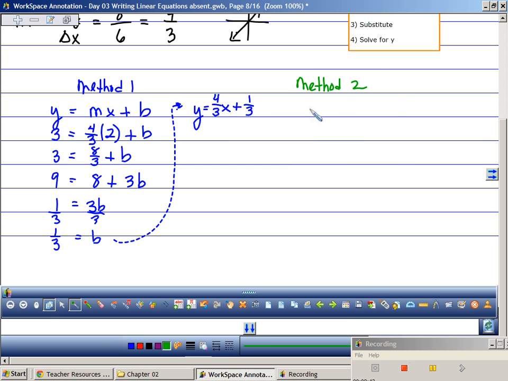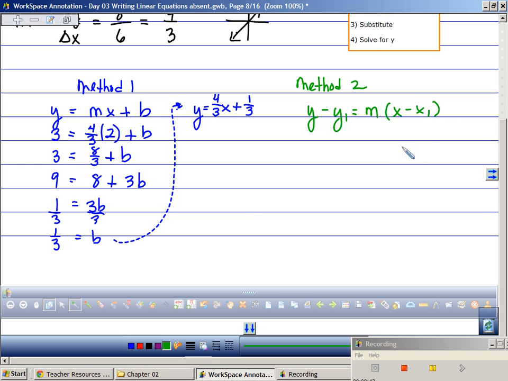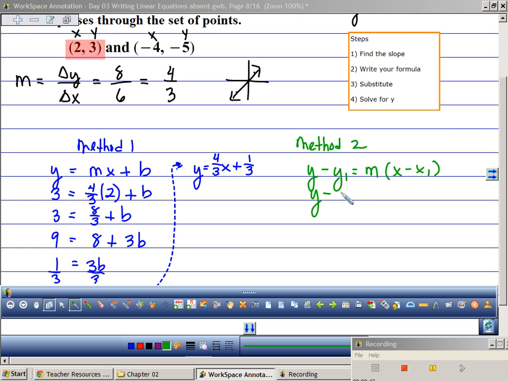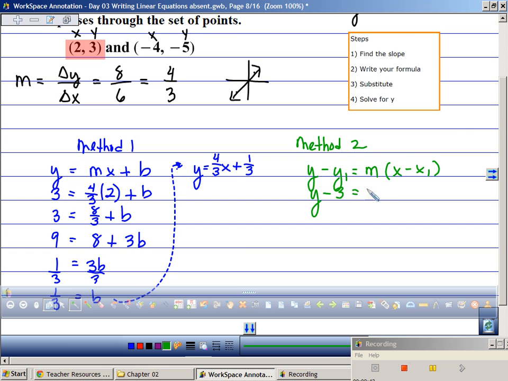All right, method 2 is y minus my y value equals my slope times x minus my x value. So y minus, what's my y value? 3 equals my slope, which is 4/3 times x minus, what's my x value? 2.